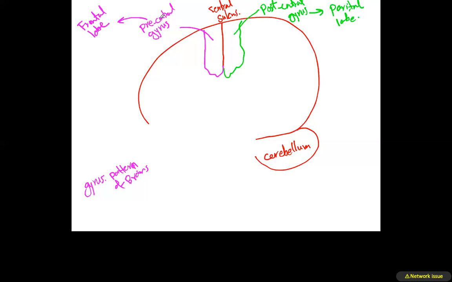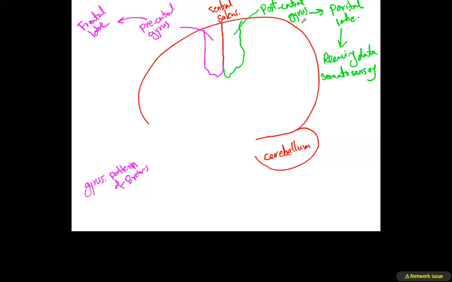So why am I describing this? These two parts have a very specific function within your brain. The postcentral gyrus, which is part of the parietal lobe, is responsible for receiving data for your somatosensory. So if I ask you specifically which part of your brain receives data for your sense of touch, your answer should be postcentral gyrus.